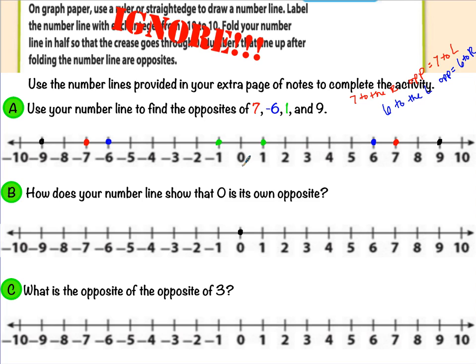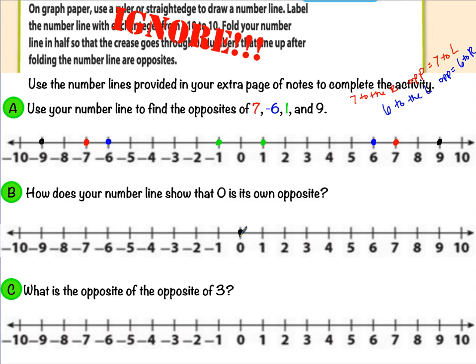So the opposites line up on top of one another. In this case, if we fold in half and plot 0, it is on top of itself at 0. So if you fold the number line, you can also see that it's its own opposite because it creases and meets up with its opposite at the exact same spot.